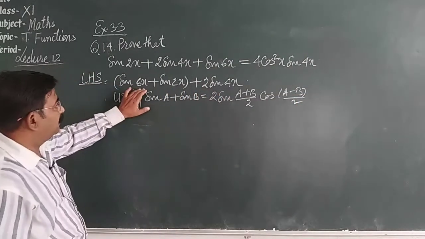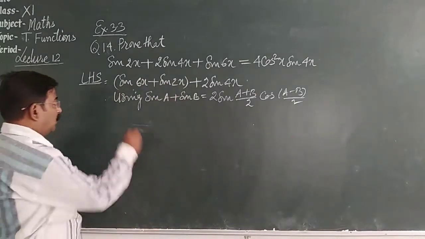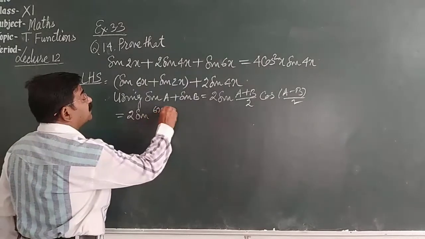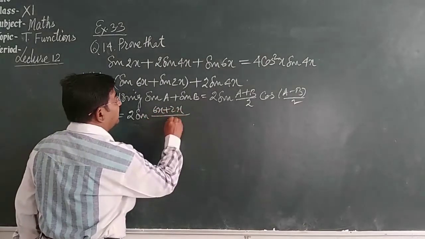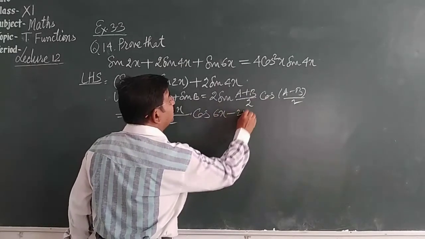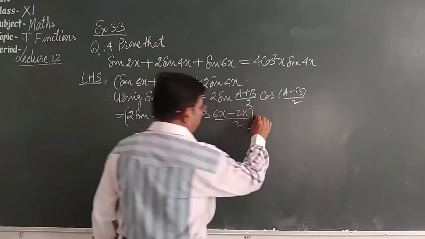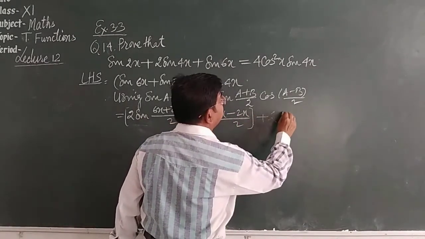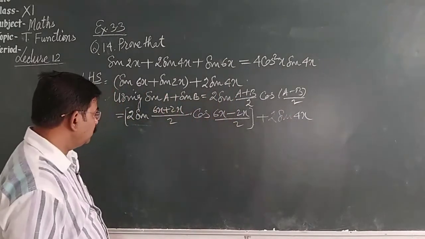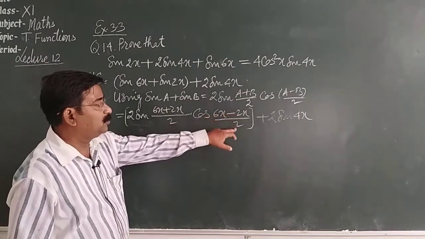So here in place of A we have 6x, in place of B we have 2x. Apply the formula. So what we have, 2 sin 6x plus 2x by 2 cos 6x minus 2x by 2, this is in one bracket, and plus 2 sin 4x leaving alone. Here 6 plus 2 by 2 is 4x. Here 6 minus 2, 4 by 2 is 2x.